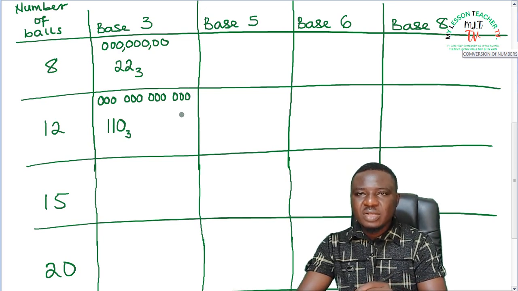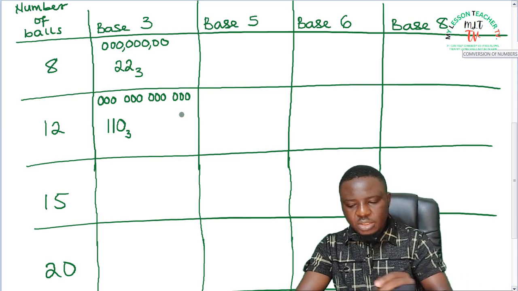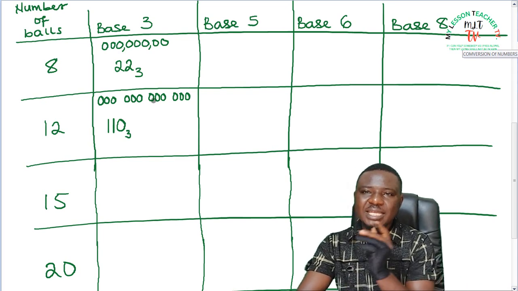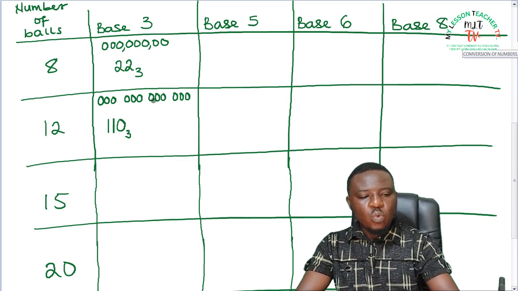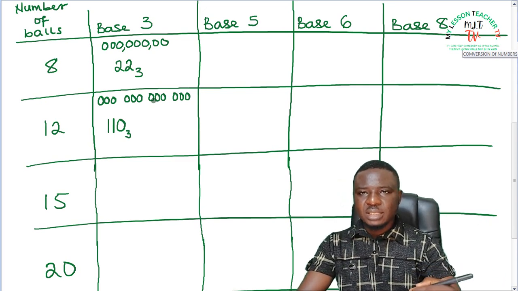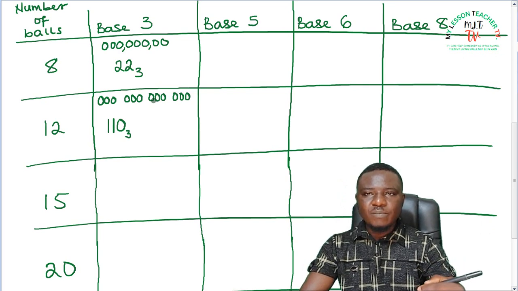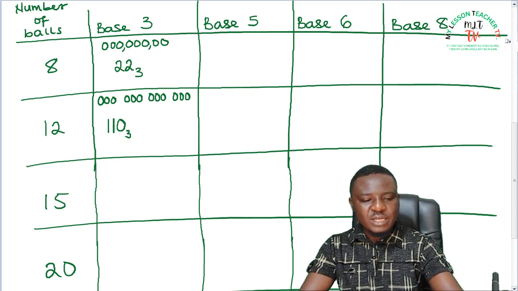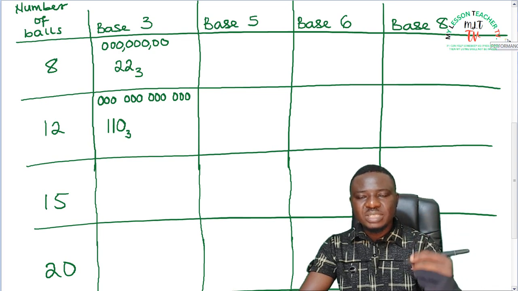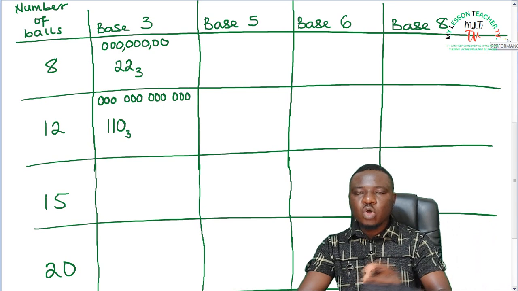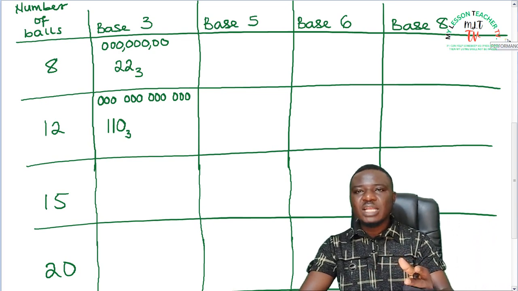The next is 3 raised to the power of 1, 3 raised to the power of 2, and 3 raised to the power of 3 in that order. So you can't have more than 3 sets in a particular place value, just like in the base 10 system, where you can't have more than a group of 10. So also in base 3, you can't have more than a group of 3.